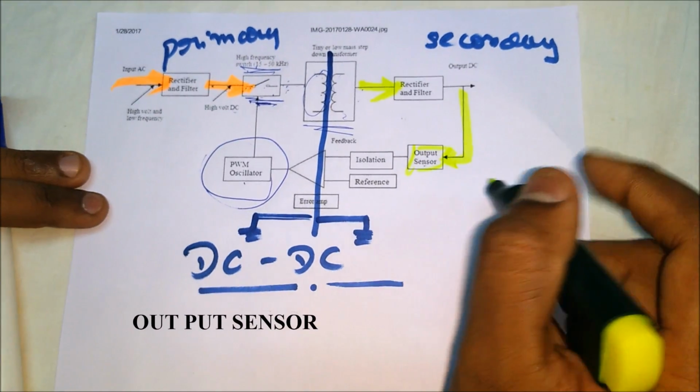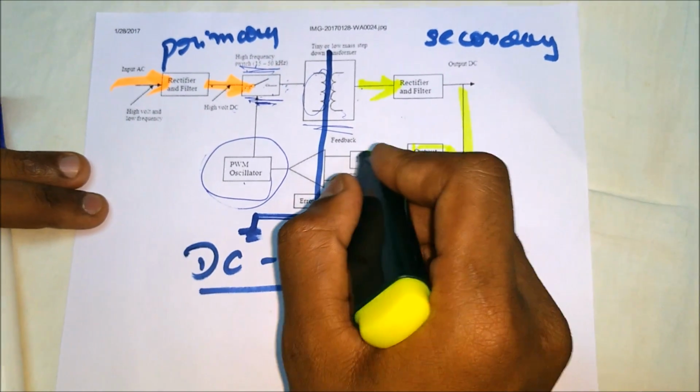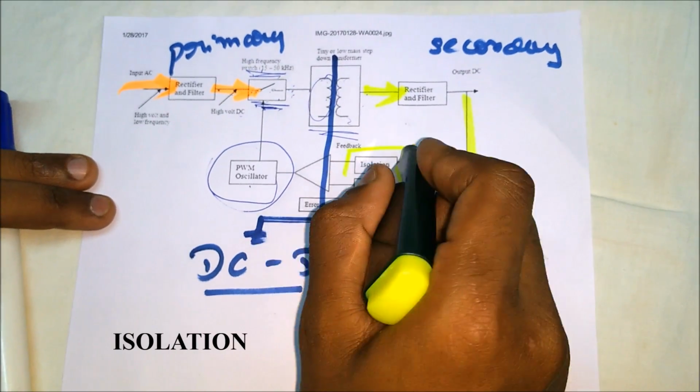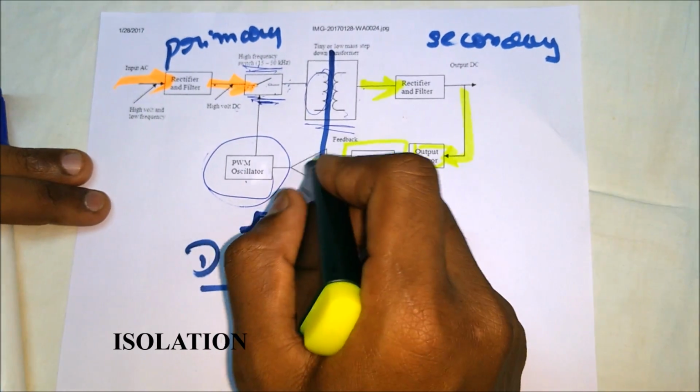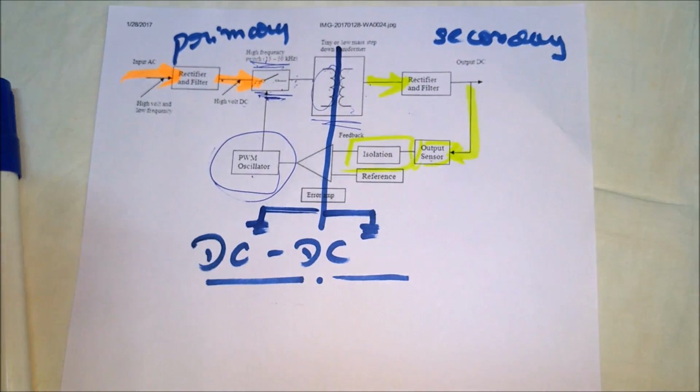Based on that, we take it through isolation to our PWM correction. This is the feedback section.